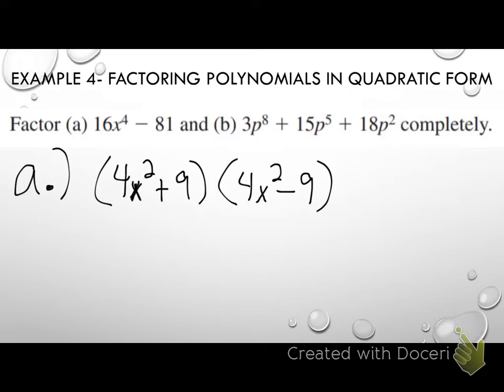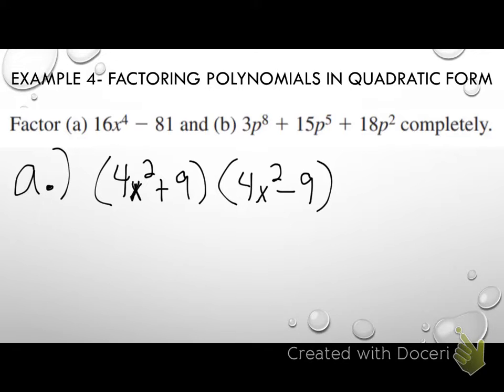Now, can either of these factors be factored any further? I see some people shaking their heads no. Yes. Which one and why? They both can be factored because square root. You can square root both of them, and you get, because they're, what is it called?